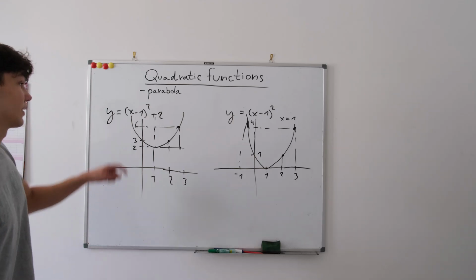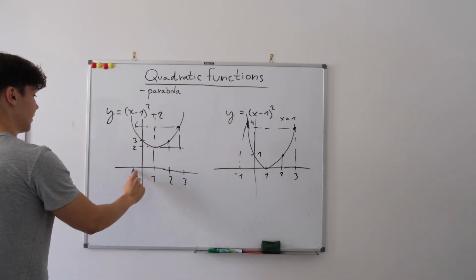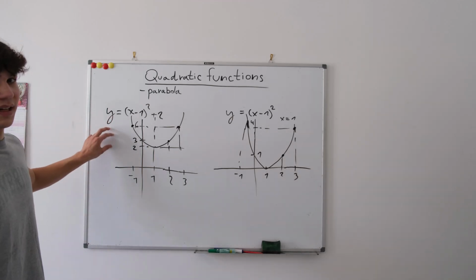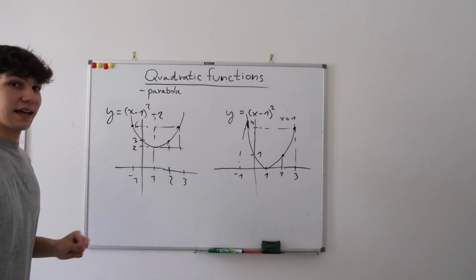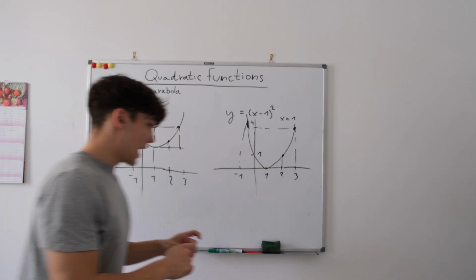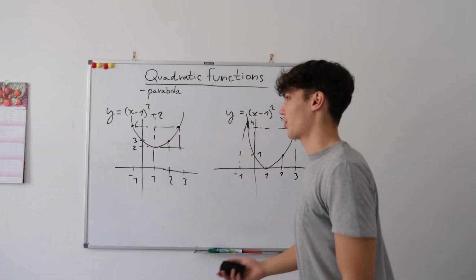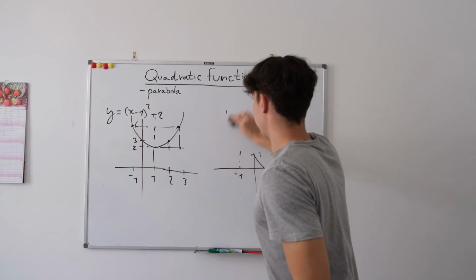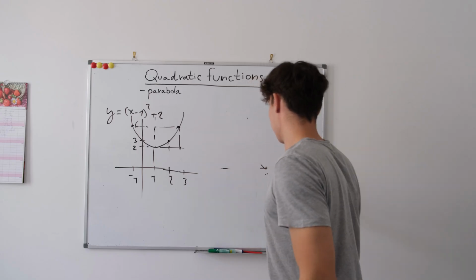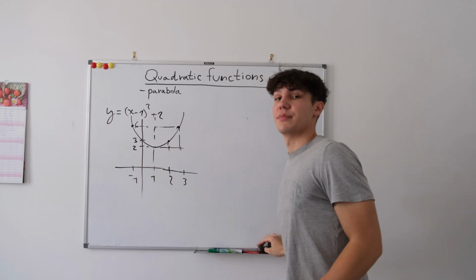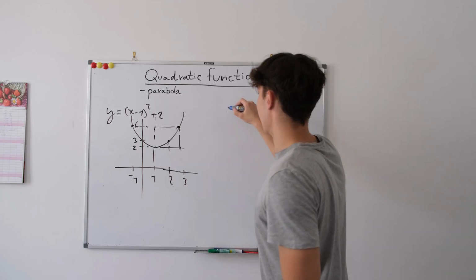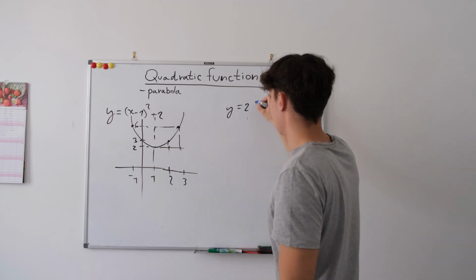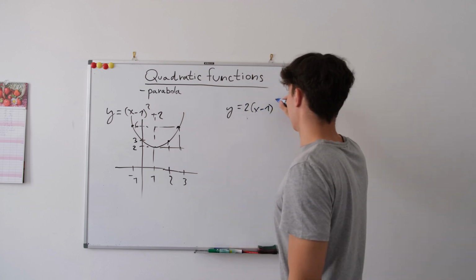And the same goes to the left, so it's going to be somewhere here. And this is the third type of transformation we can have with quadratic functions. And now I'm going to show you the last type of transformation, and that is simply multiplying the function by a different number. So it can be like this, for instance, 2 times, and we're going to use the same function as before.